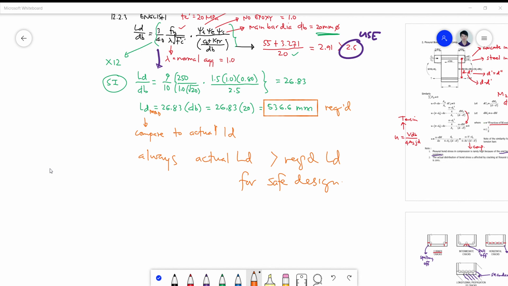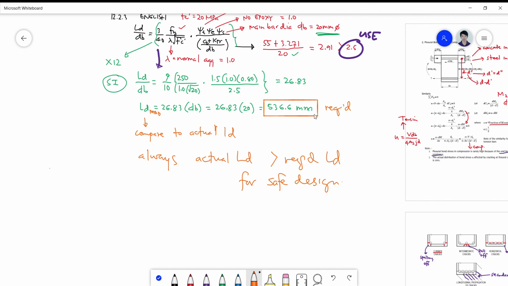Ang kulang na lang dyan yung paano natin kukunin itong actual LD para ma-compare natin dito sa required LD. So I'll be giving you a couple of lectures on Tuesday to complete your understanding, and then I'll give you your short laboratory exercise.